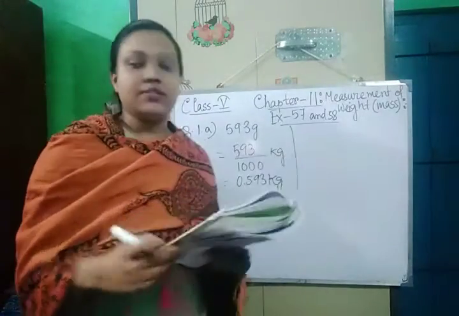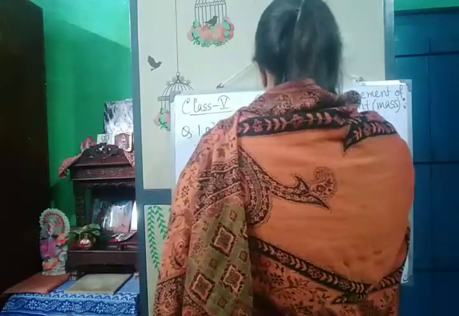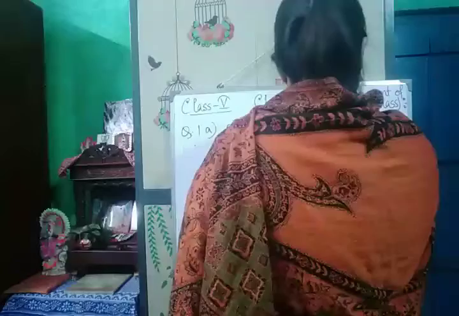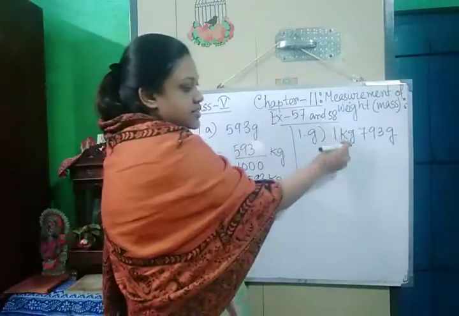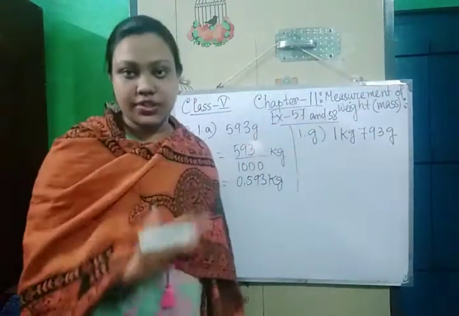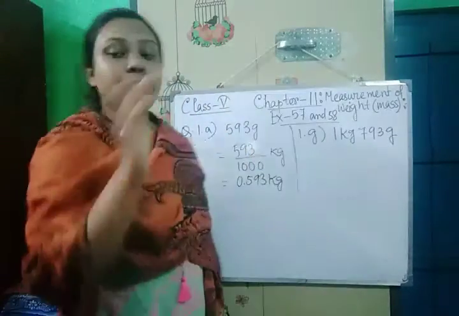Next I am doing the last one, that is question number 1's G. Question number 1's G is 1 kg 793 gram. So what will we do? We will not convert this kg to anything because it's already in the unit kg. We will convert this 793 gram to kg.